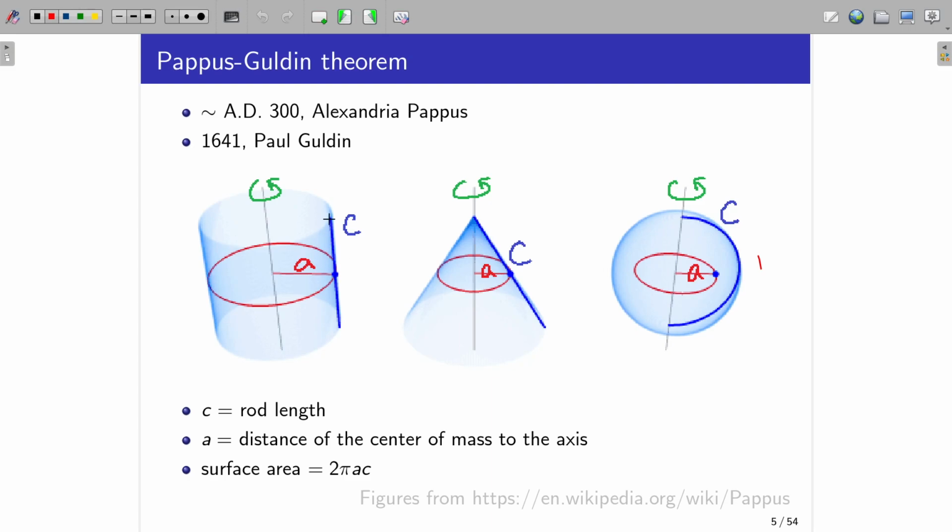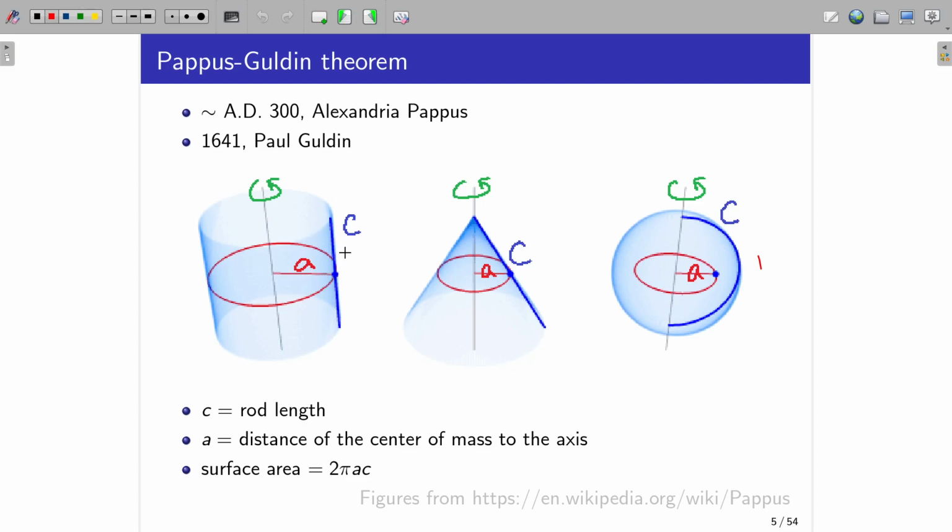For the surfaces, we suppose there is a rod with length c, like the blue line shown, and we rotate the blue line about a fixed axis, where a is the distance from the center of mass of the rod to the fixed axis.